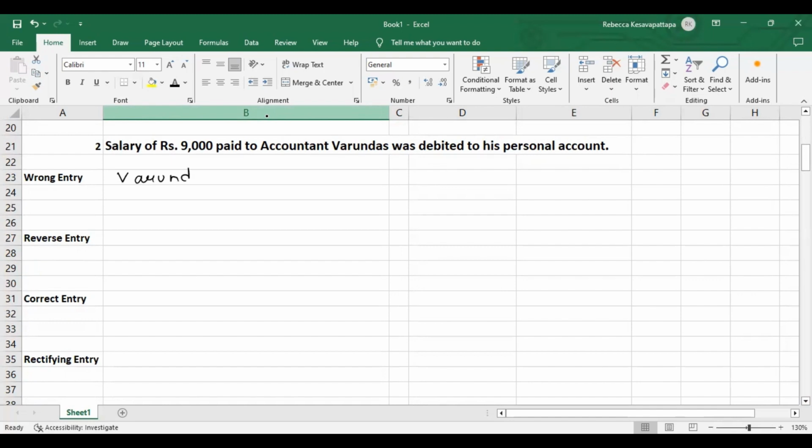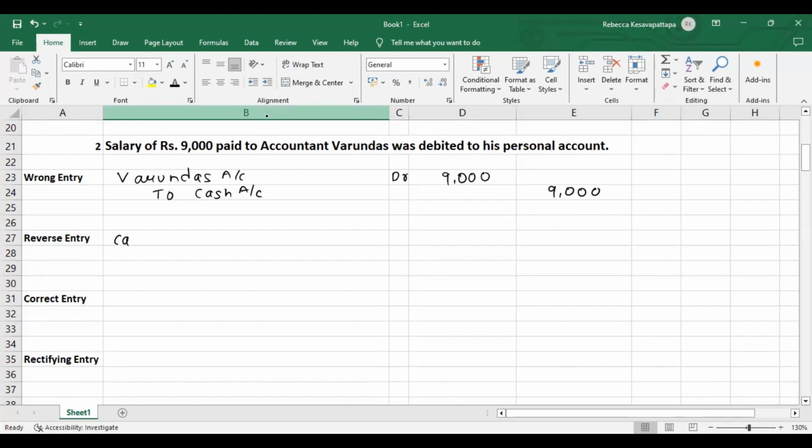So Varun Das account debit 9,000 to cash account 9,000.